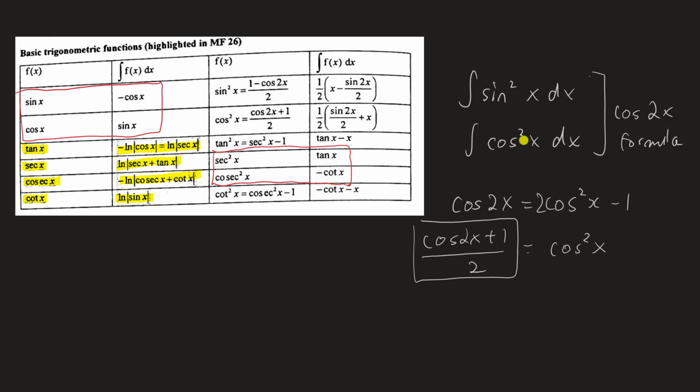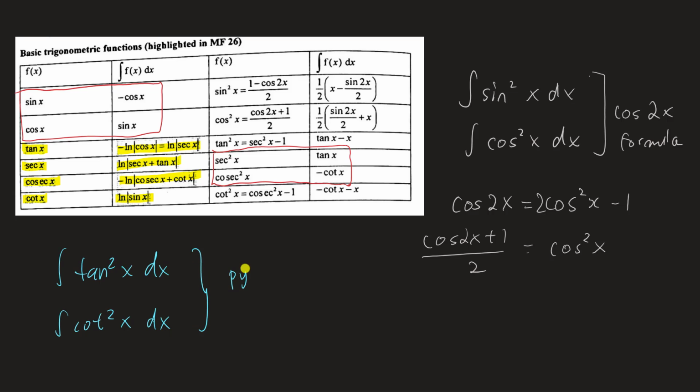Replace this here, you have a much easier time integrating it. Final two, which are tangent square x and cotangent square x, you have to go through secant square x minus 1 and cosecant square x minus 1.